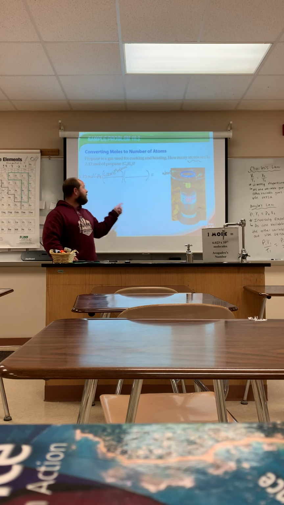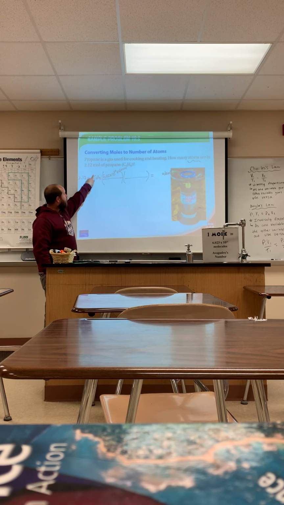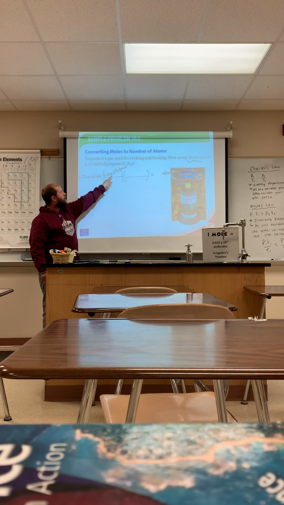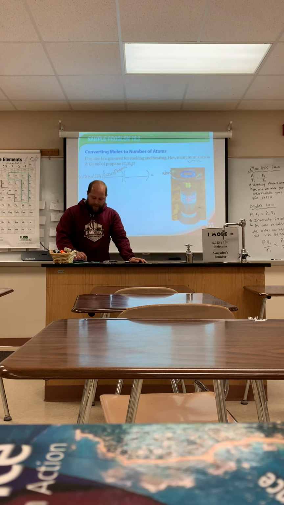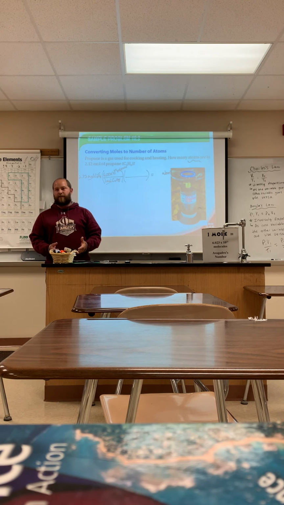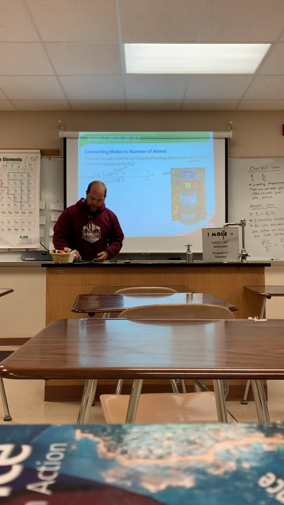I have 2.12 moles of the whole molecule, so my representative particle is the whole molecule, and I divide by mole C3H8. So at this step, I have molecules of propane, C3H8.